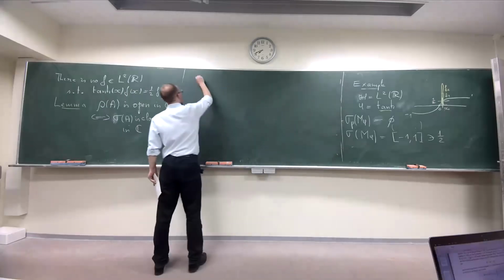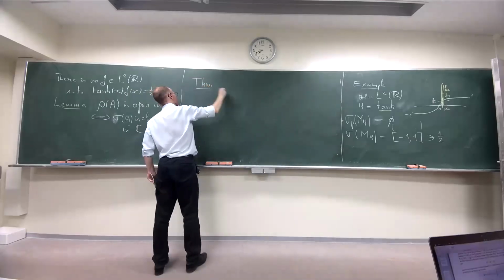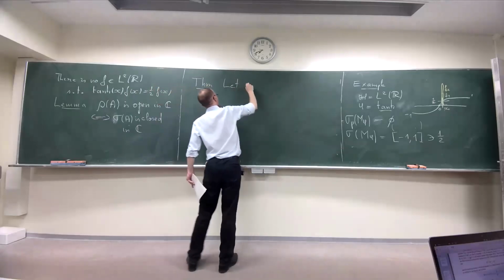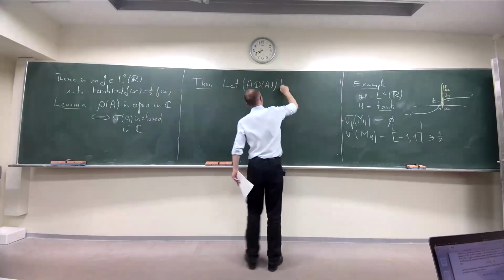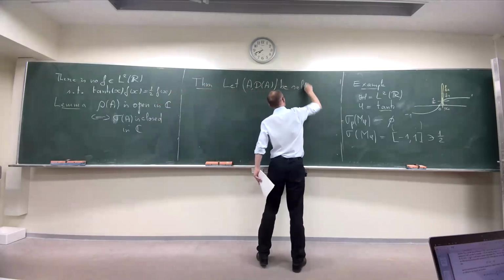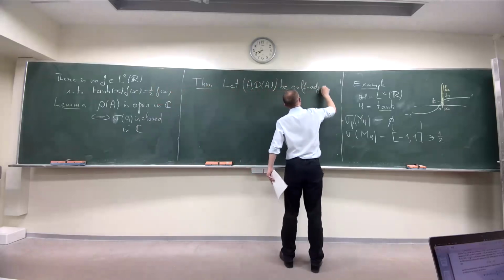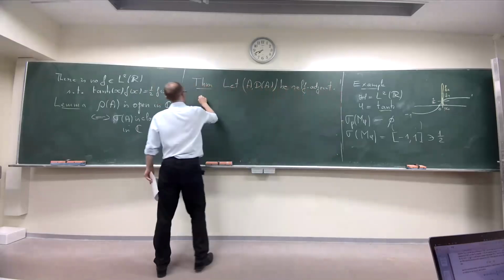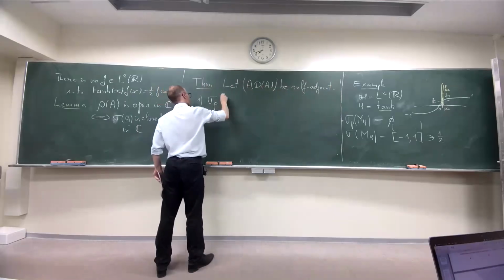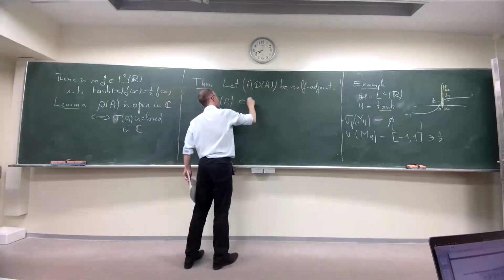Now, the most important theorem for quantum mechanics. Let A be self-adjoint. One, the point spectrum of A is always real.